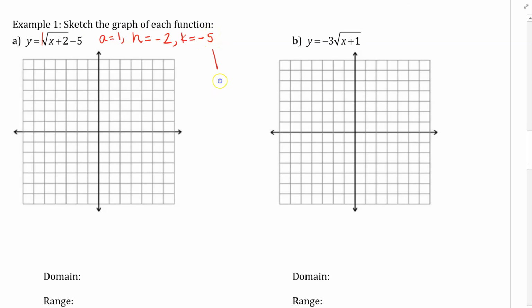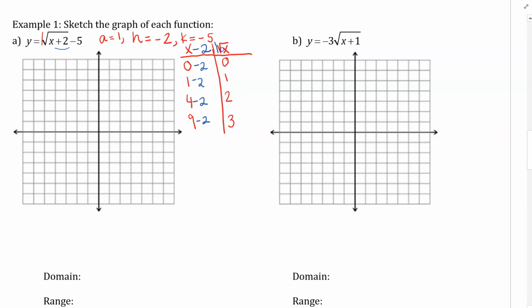So I'm going to make my table of values, and I'm going to start with the parent function values, which were x, and then y equals the square root of x. And that was 0, 1, 4, and 9. And then the square roots of those numbers were 0, 1, 2, and 3. I start with that. But then from there, in this case, I'm going to subtract 2 because that was my h from all of my x's.